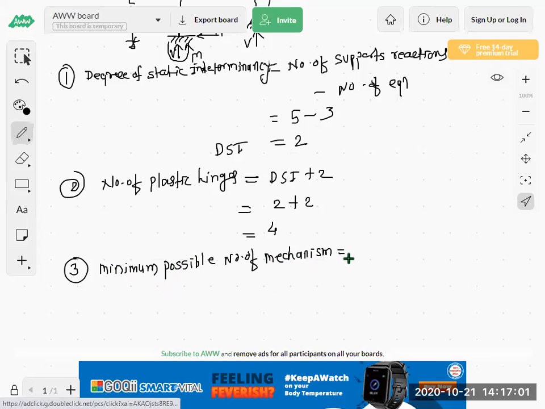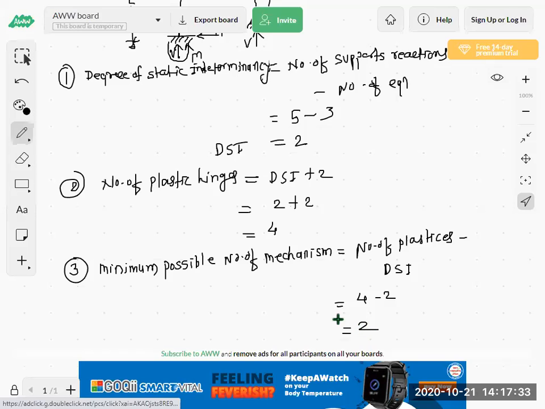That is, at least how many mechanisms we have to solve. That we have to find here. So the minimum possible number of mechanisms is the number of plastic hinges minus DSI. The number of plastic hinges is 4, minus DSI which is 2, equals 2. So at least 2 mechanisms we have to solve for the plastic analysis of the frame.